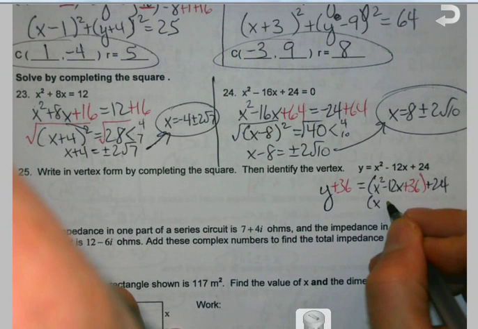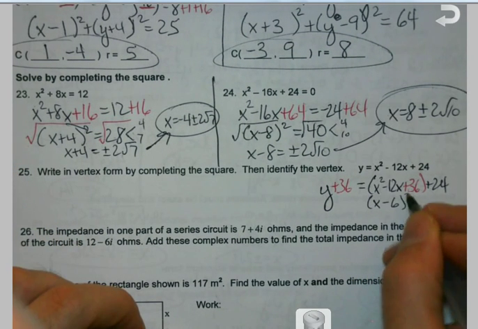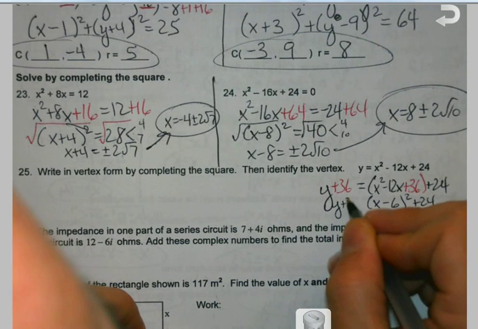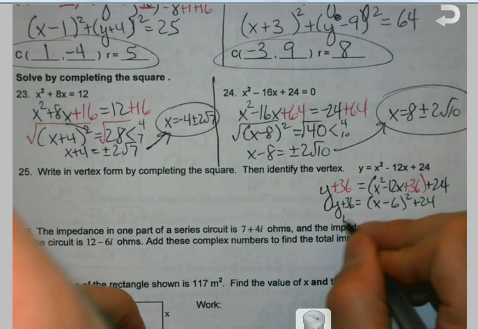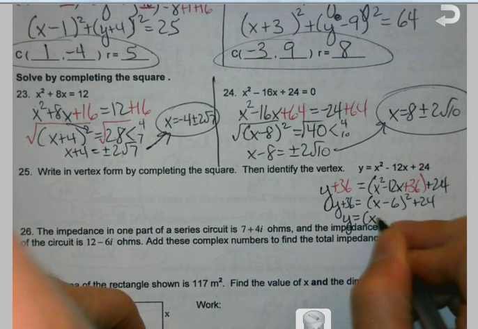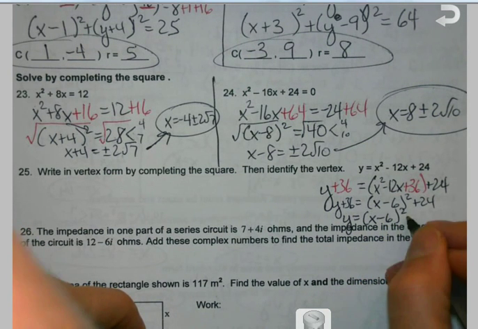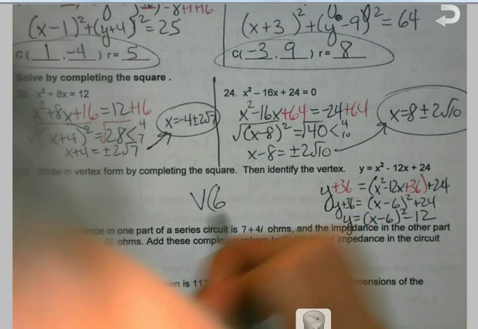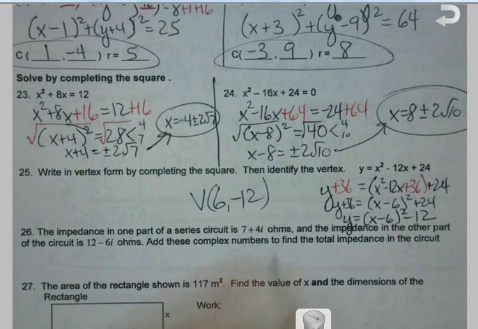Turn this into its binomial form, because half of negative 12 is negative 6. And subtract the 36 over to get it into vertex form. And my vertex would be at 6, negative 12.